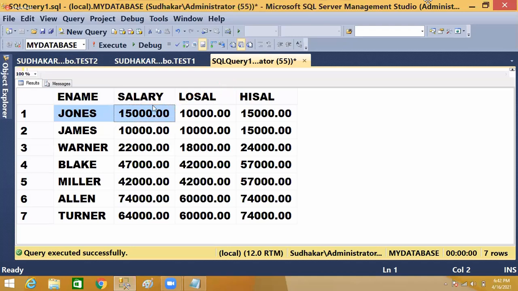Okay, so this person is satisfied. That means this person's salary is between low and high salary. Now the next employee, 10,000. You can see this 10,000 comes between 10,000 and 15,000. Yes or no? It is also satisfied.